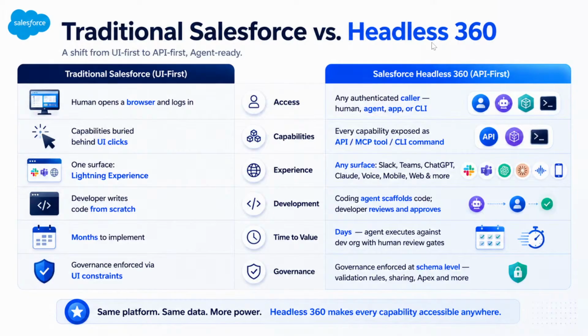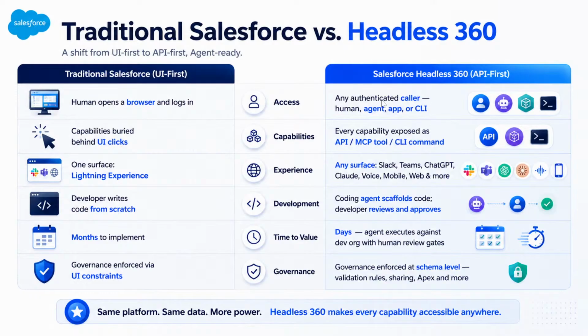The keyword for traditional Salesforce was UI first, whereas for Headless 360, the keyword is API first. UI is the user interface, API is application programming interface. If we understand this difference, most of the things will become very simple to understand.